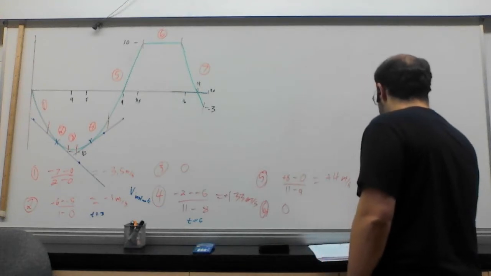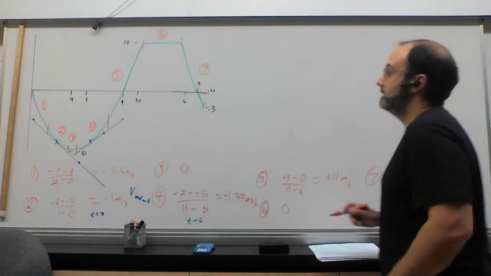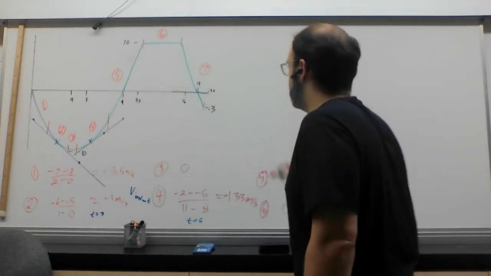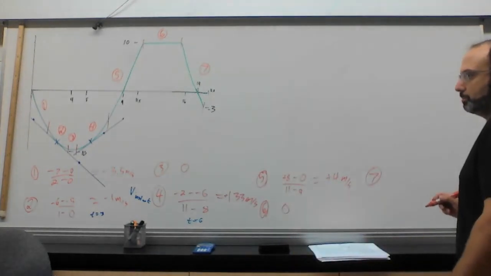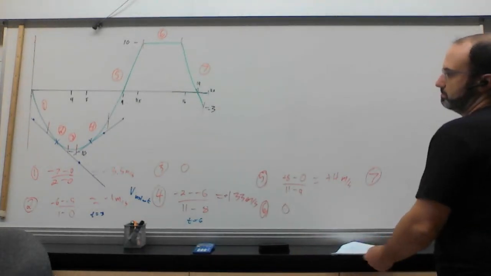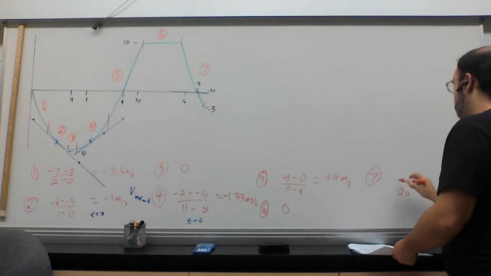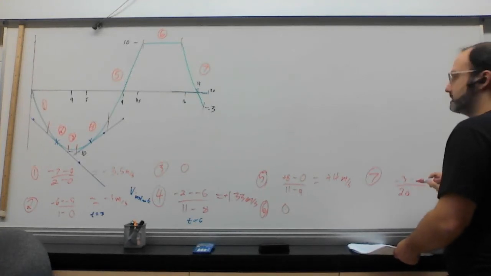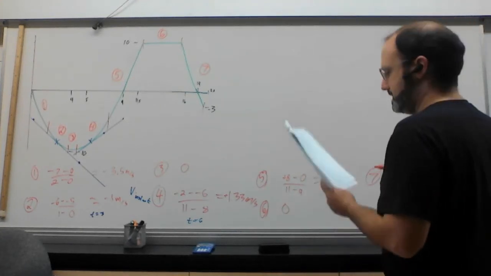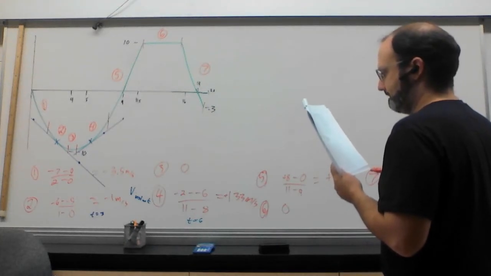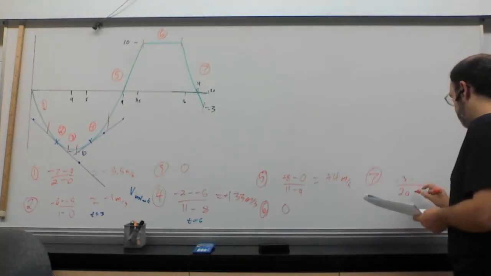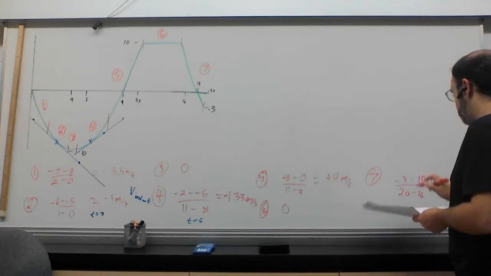And then finally, section 7 is going to be this line that goes all the way down. And we see here that our final point is going to be at about 20, -3, all minus, we started up at 10. Where is that? 10. That's close to 16. 16 and 10.